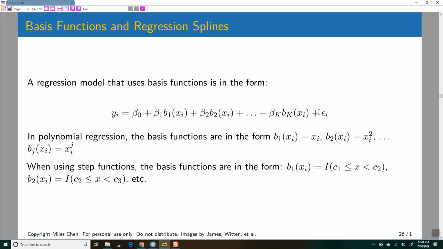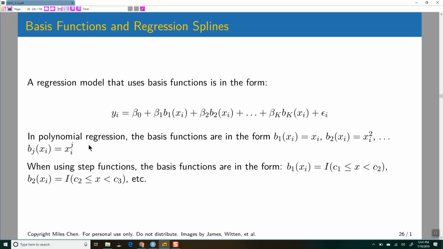So this is a generalized form of an additive model. Polynomial regression is a form of using basis functions, where the basis function b1 is just x, and b2 is x squared, and the basis function j is x to the j power.